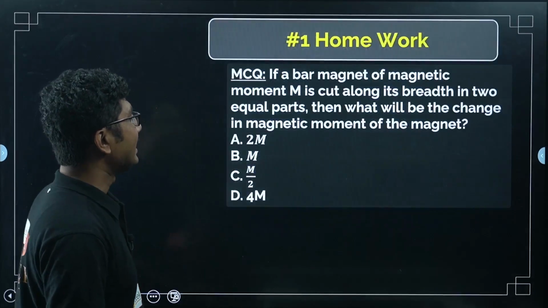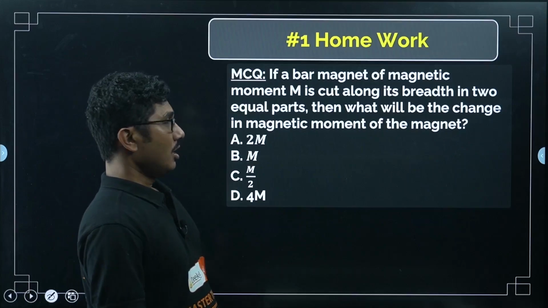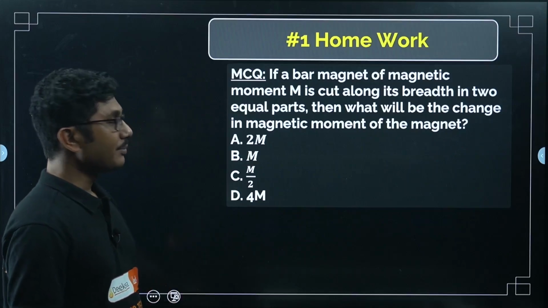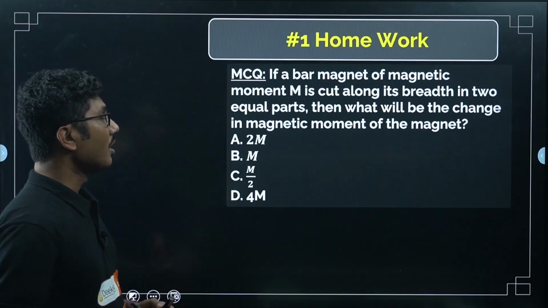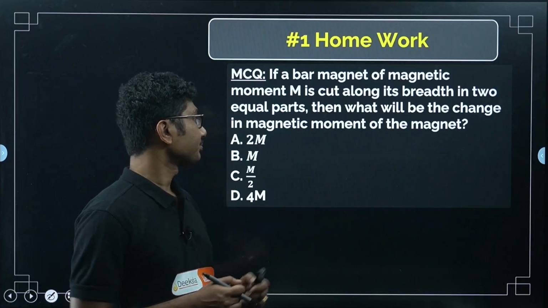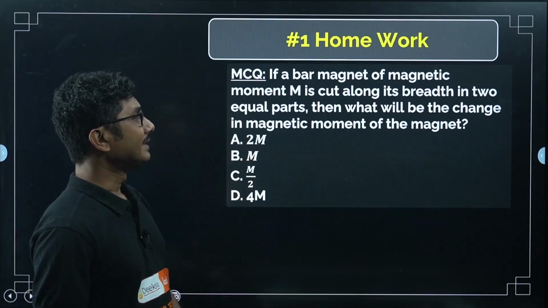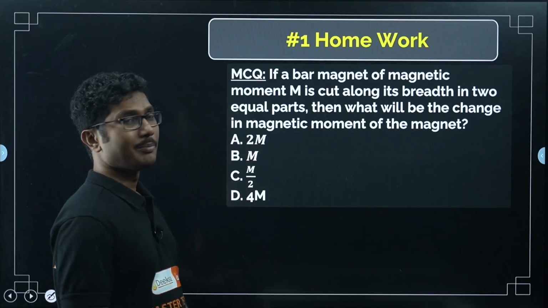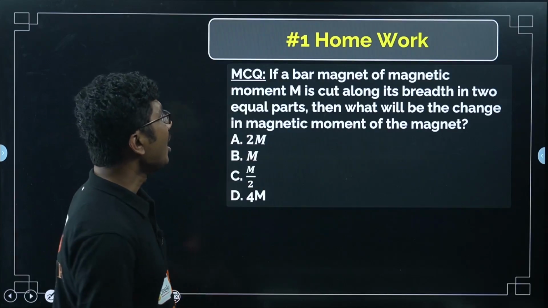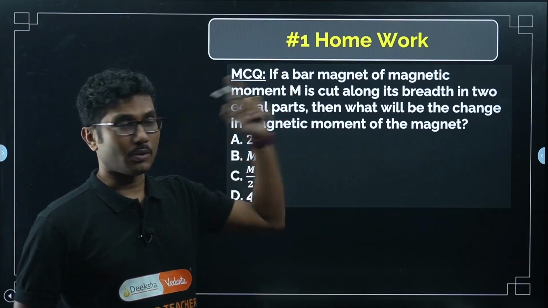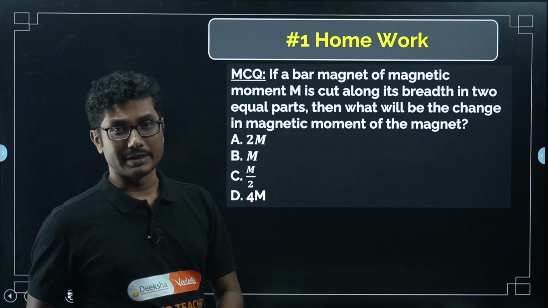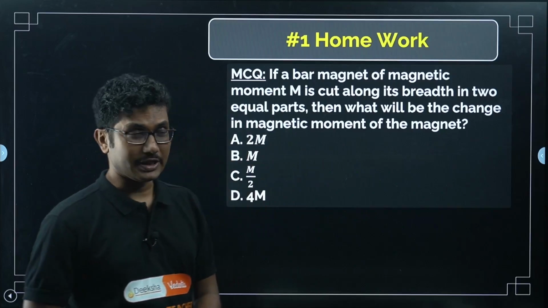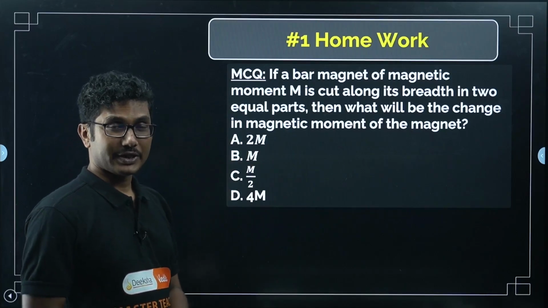Now let's look into today's homework. Homework questions are relatively easy today because we are not doing a very hardcore topic today. So check this homework problem, try to answer it, and mention the answer in the comment below. Mention homework number 1, answer is whatever it is, option A, B or C. Pause the video, check the question.